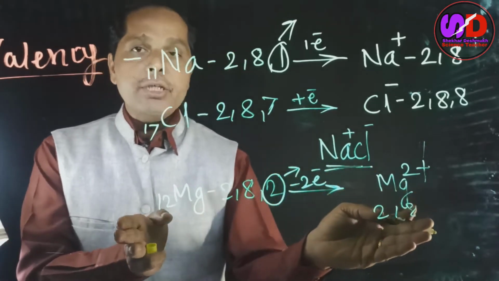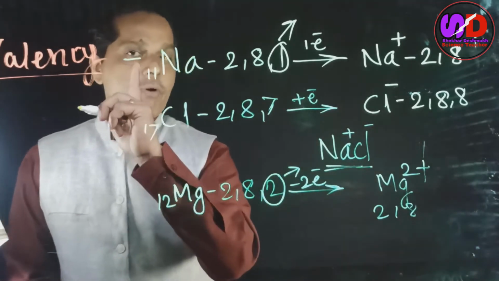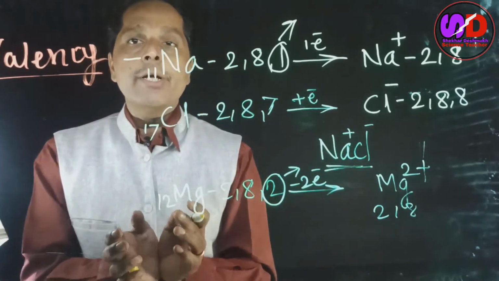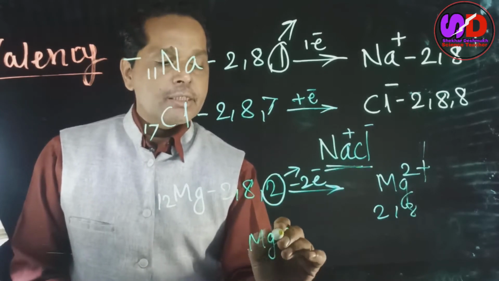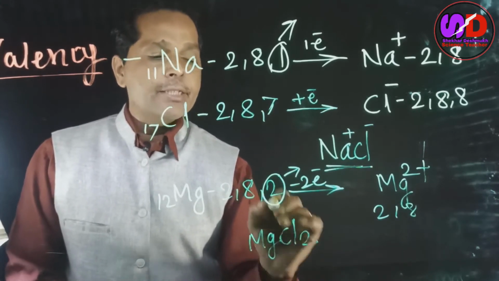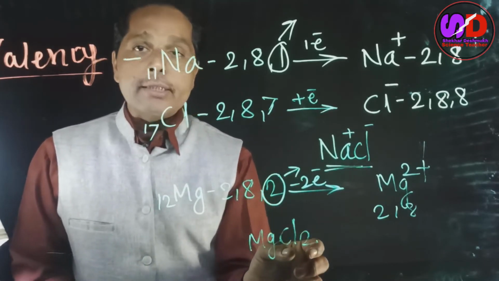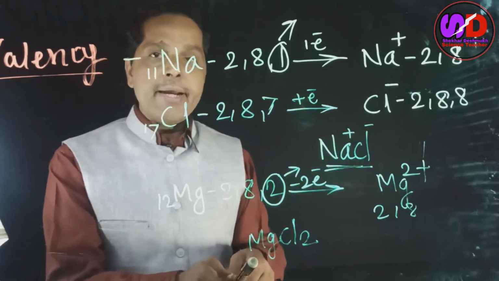If this magnesium comes close to chlorine, then what happens? Chlorine requires 1 electron, but 2 such chlorine atoms come together to form MgCl2, magnesium chloride, because each chlorine takes 1 electron from the same magnesium.